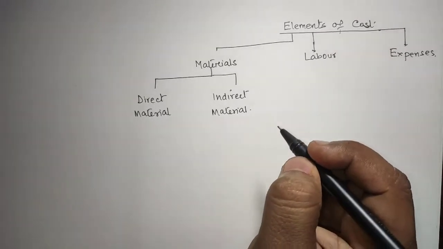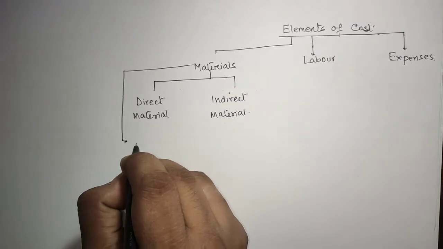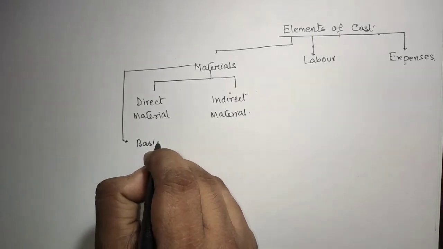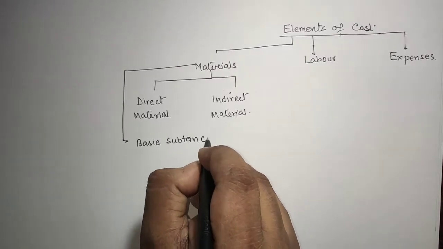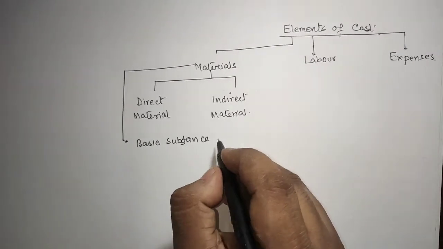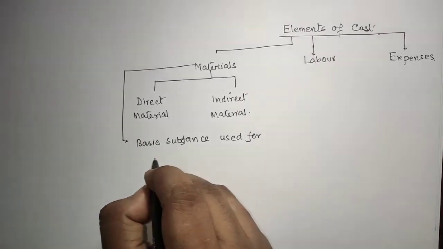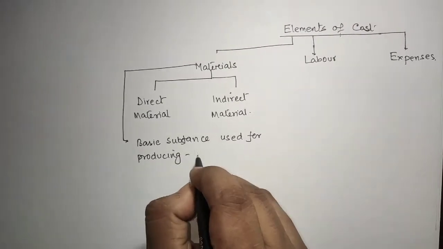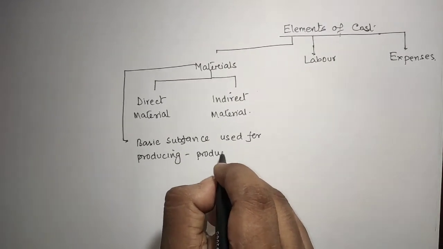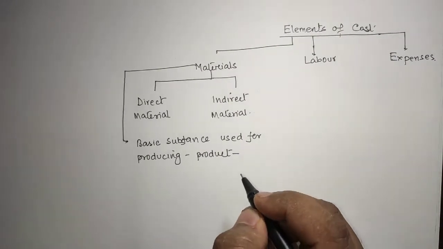Now let us understand what is material. Material is a basic substance used for producing a product, and this product is referred to as material.